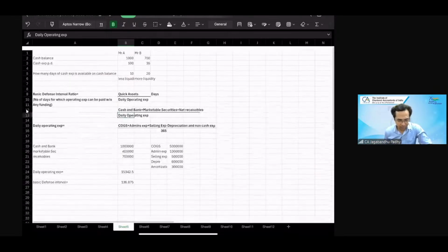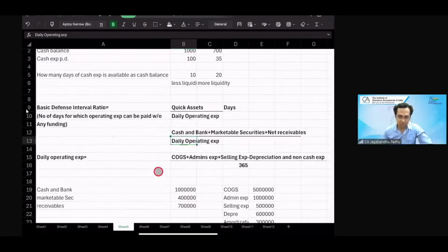After that, we also calculated something called the basic defense interval ratio. That was essentially the quick assets upon the daily operating expenses. So this was telling us for how many days of operating expenses we can pay without any more funding requirement. So whatever cash we have, that is equal to how many days of our expenses.